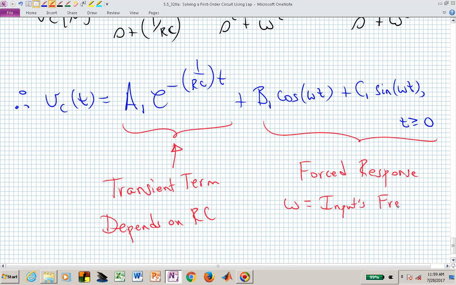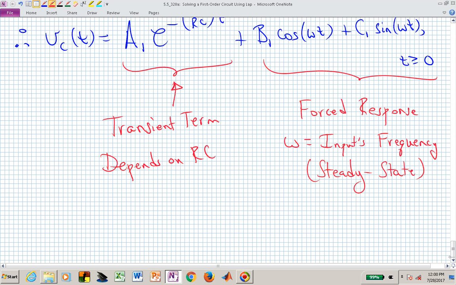And the output frequency, the frequency in the sinusoidal steady state, is equal to the input's frequency. If I'm shaking this system at a frequency of omega, thankfully the system just shakes at that frequency omega. There's no change in the frequency. I excite it at omega, and the system just eventually starts shaking at a frequency of omega.